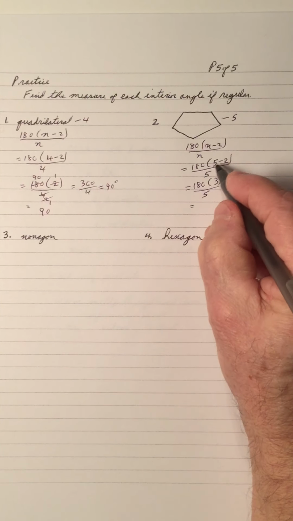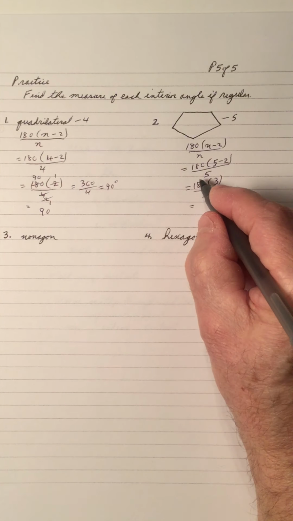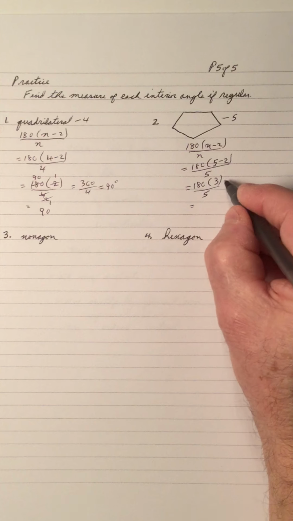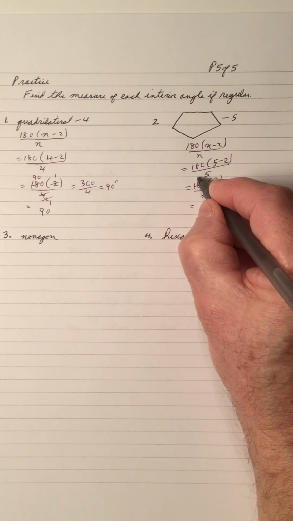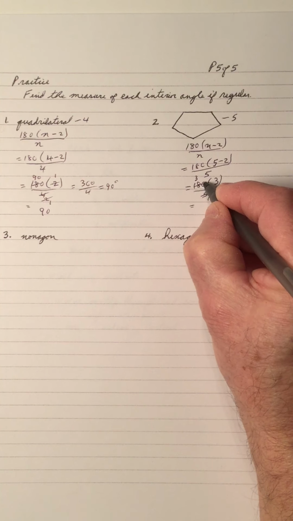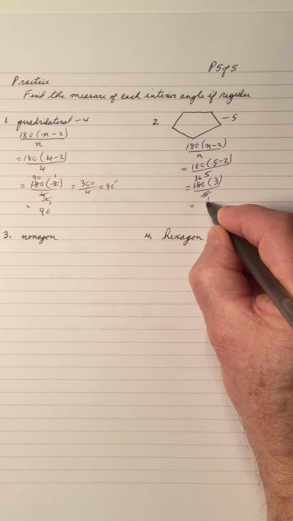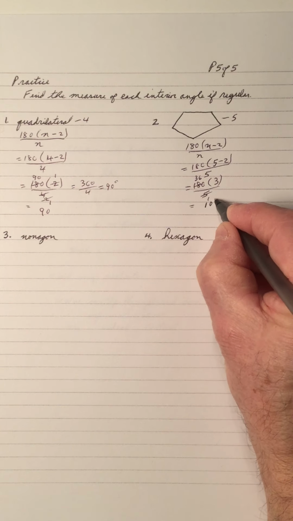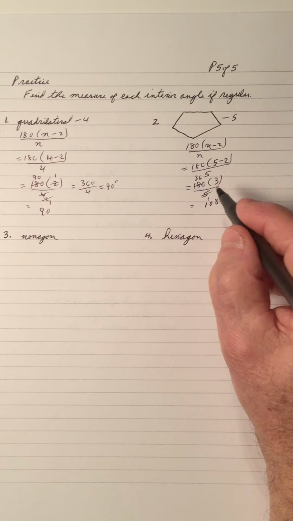Again, a reminder, I always do the inside of the brackets first, order of operations. I can multiply that out with a calculator, or I can divide 5 into 180, which goes 36, and 36 times 3 is 108. Or you can multiply 180 by 3 and divide by 5.